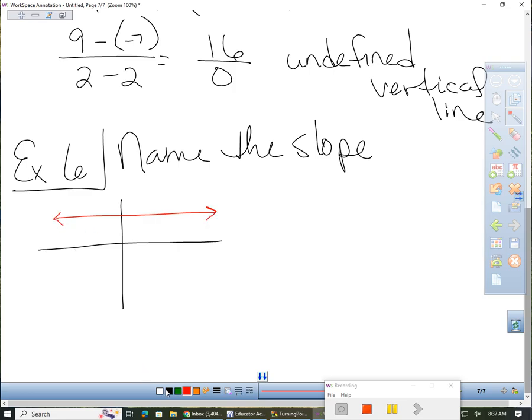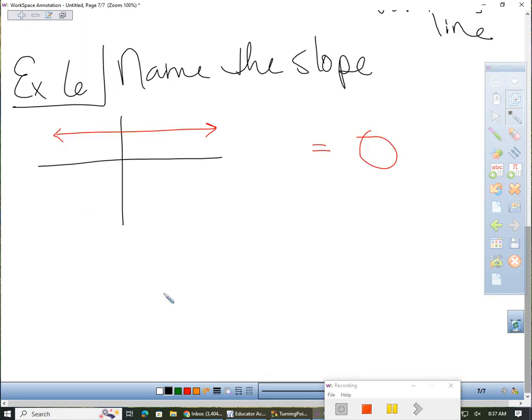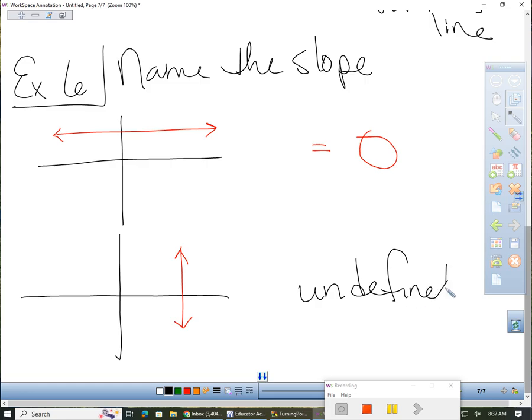What is my slope? 0. Perfect. What if they give you a line in the picture that looks like this? Yep. That's all you have to do. Okay? There's no other math to it or anything. You see the picture, you see it's horizontal, you say 0. You see it's vertical, you say undefined.